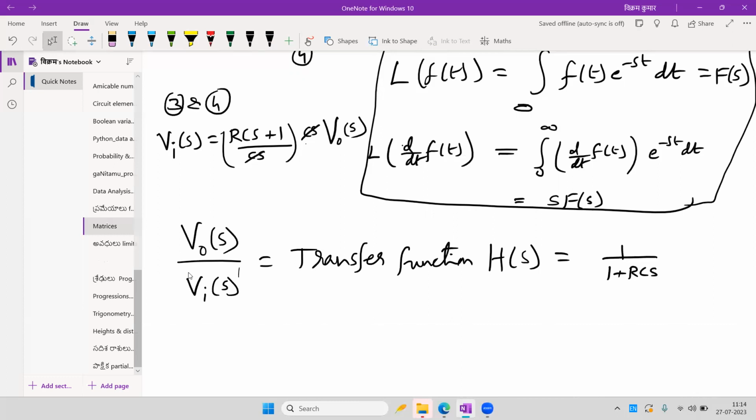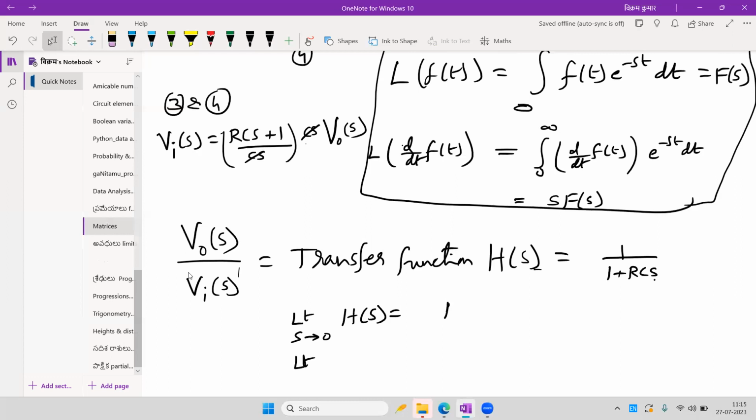Now, if I put limit s tends to 0, H of s will become 1. You can see, just substitute s is 0, 1 will come.